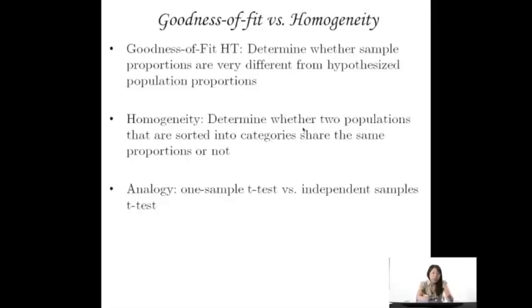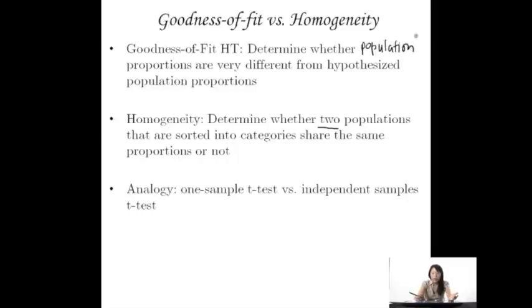In tests of homogeneity, homogeneous means similar, right? That they're made up of the same stuff. In tests of homogeneity, we want to determine whether two populations that are sorted into categories share the same proportions or not. And here, you could also substitute the word sample, because ultimately we're using the sample as a proxy for the population.